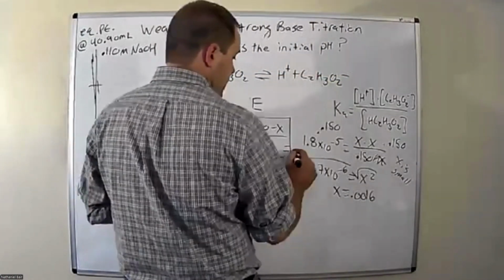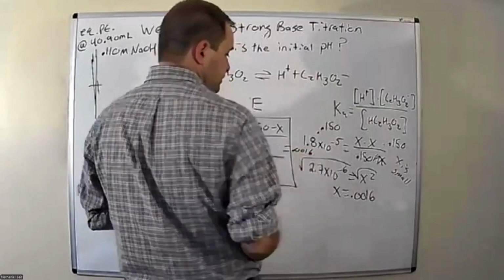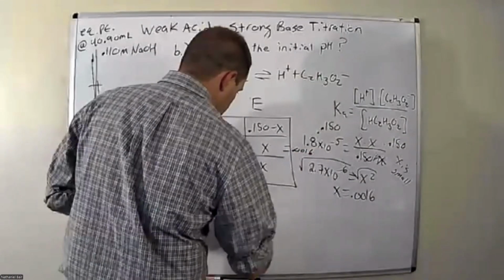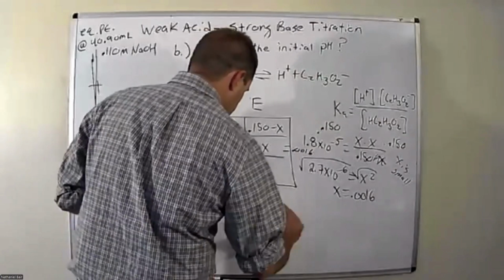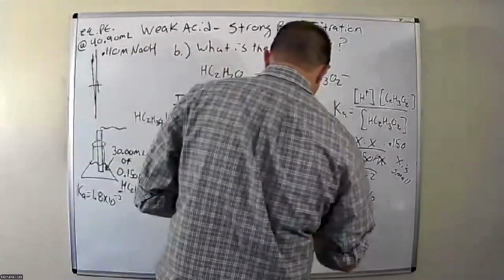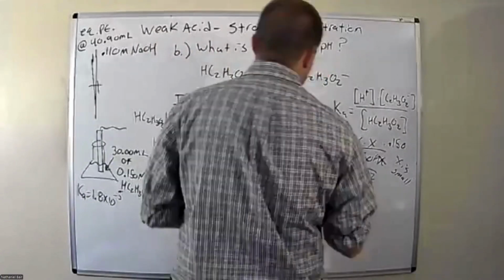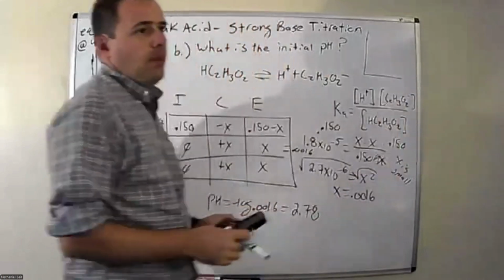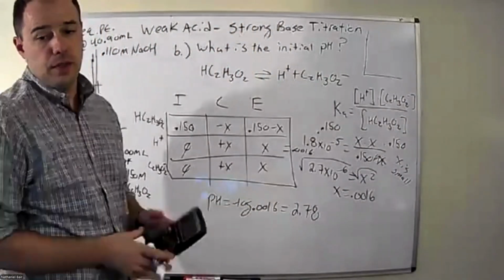That is the H plus ion concentration. And now I can get a pH. pH equals negative log of 0.0016. And that is 2.78.